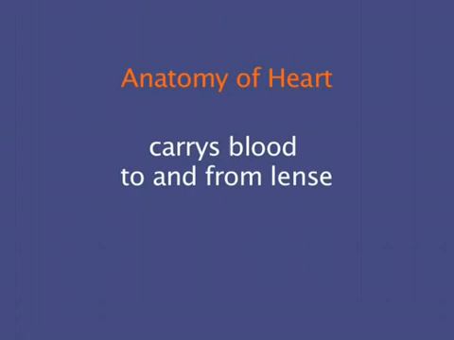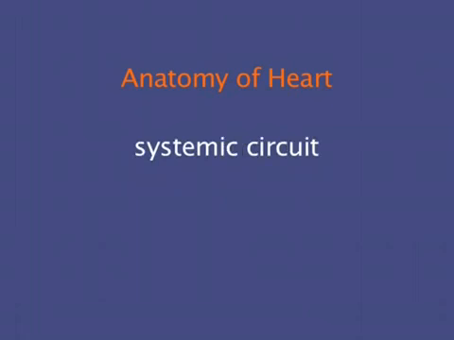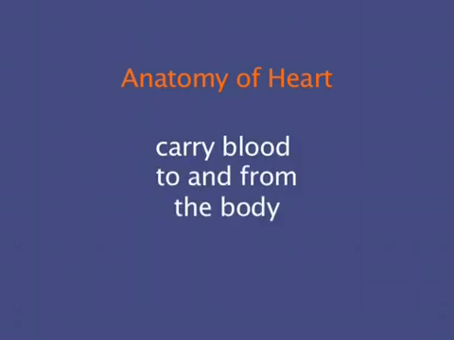The systemic circuit carries blood to and from the body. It pumps the blood to the body through the arteries, it circulates throughout the body, and returns the blood through the veins.